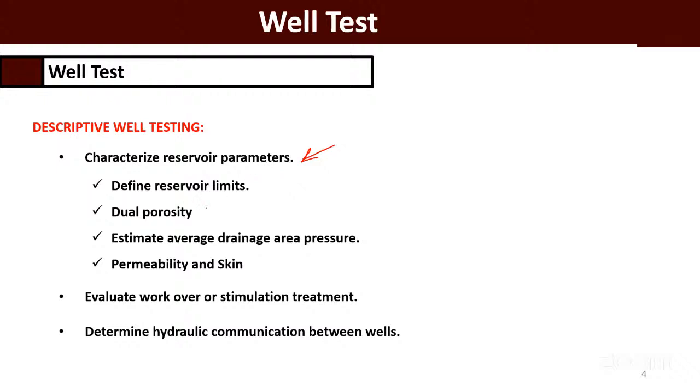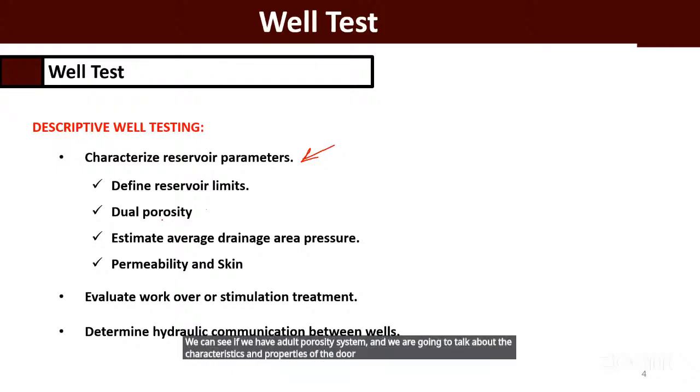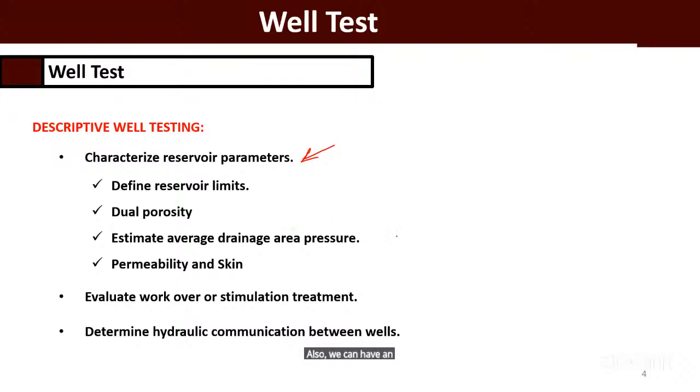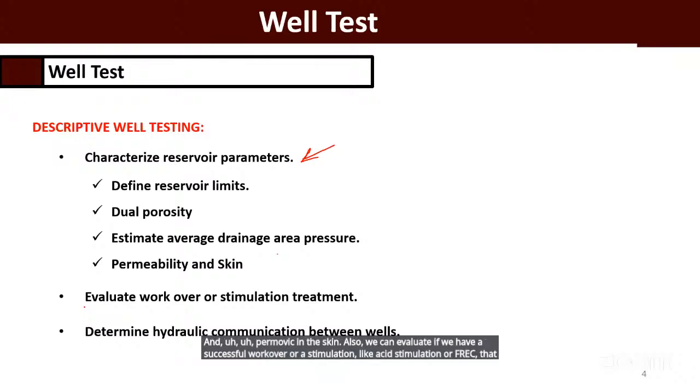We can see if we have a dual porosity system, and we are going to talk about the characteristics and properties of the dual porosity system. Also, we can have an estimation of average drainage area pressure and permeability and skin. Also, we can evaluate if we have a successful workover or stimulation like acid stimulation or frac that affected the skin, and we are going to talk about what is the skin.